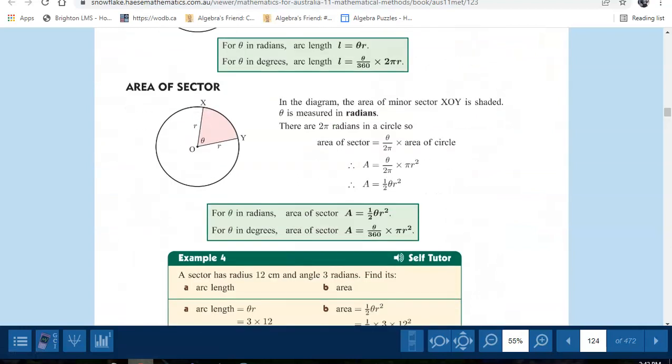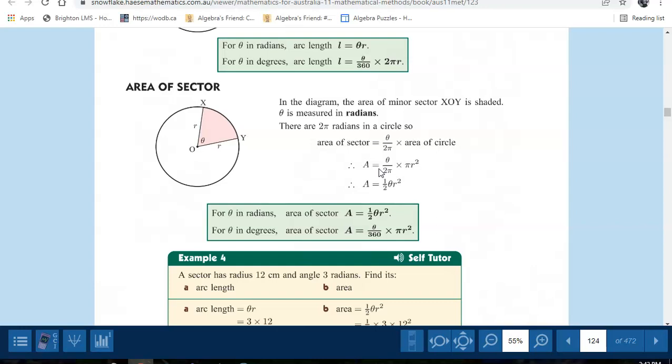So, if we have a look, our good old friend pi r squared, we remember that from the area of a whole circle, and then we would normally say theta out of 360. Do you remember that? Why 360?